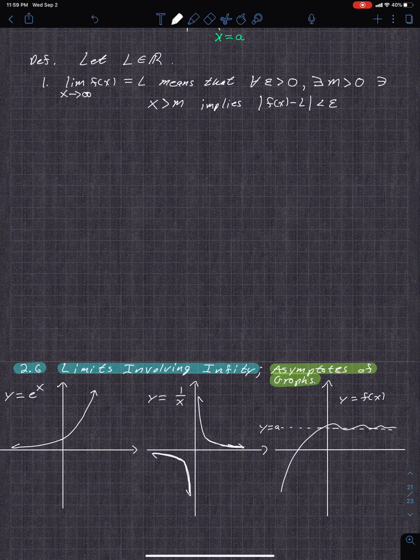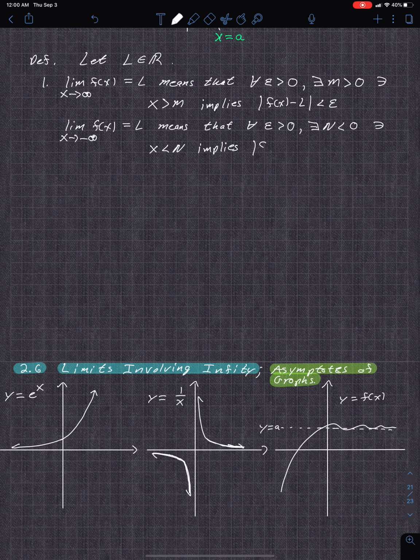Negative infinity is kind of just flipping it. We'll go ahead and write this one up too. So the limit of f of x as x approaches negative infinity equals L means that for all epsilon greater than 0, there exists an n less than 0, so going to the left, such that x less than n implies basically the function value is as close to L as you want.